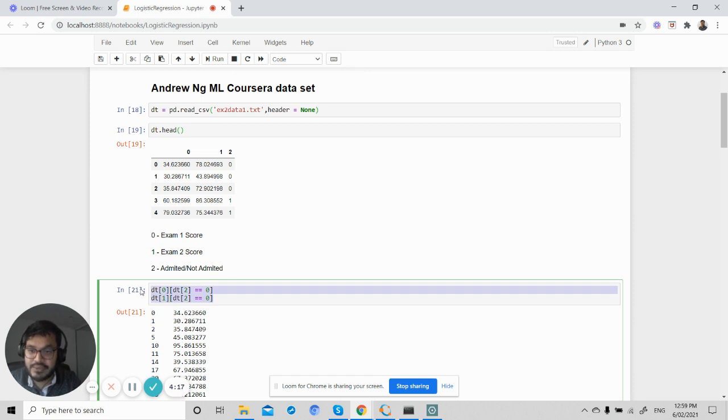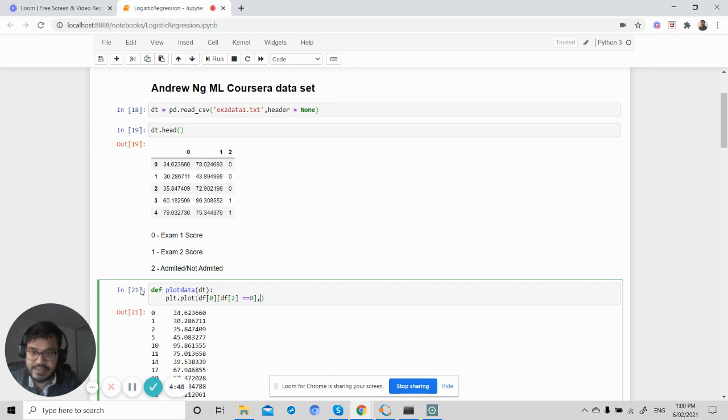So let's write a function for that: plot data. As I said, I will be doing plt.plot, and my first variable will be df, and I will include all my first column on the condition that df of the second column equals 0.